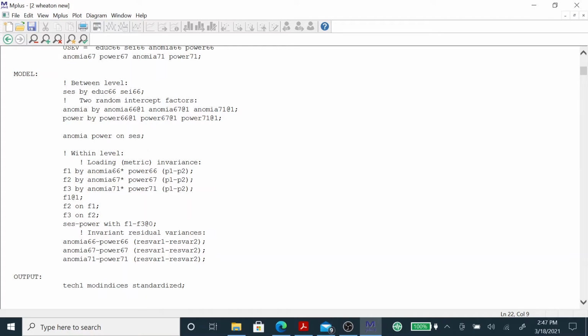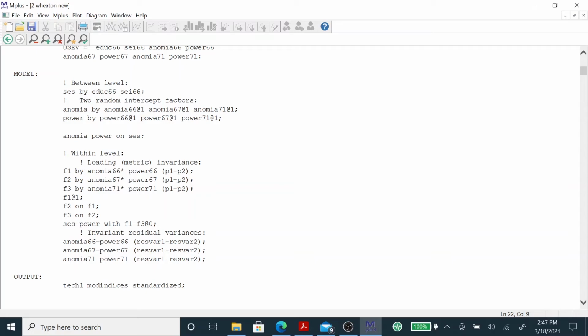as defined up here. And then I turn to the right part of the picture, the so-called within level, where I have the same loading metric invariance as before, setting the metric the same way and having the same regressions. And to make sure that I don't correlate the between factors with the within factors, I have this statement.